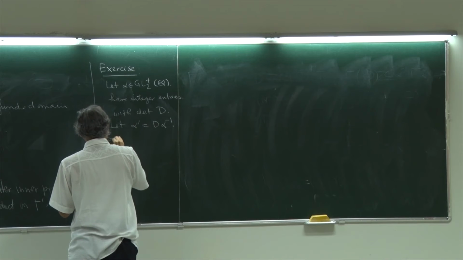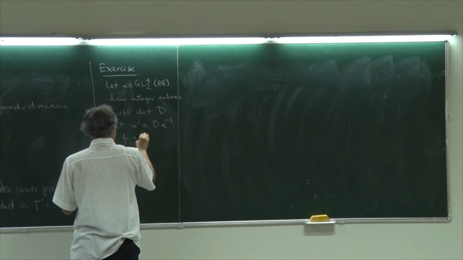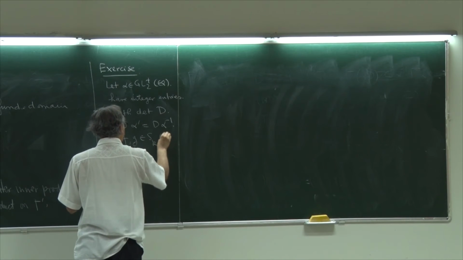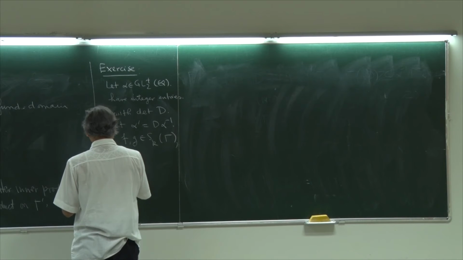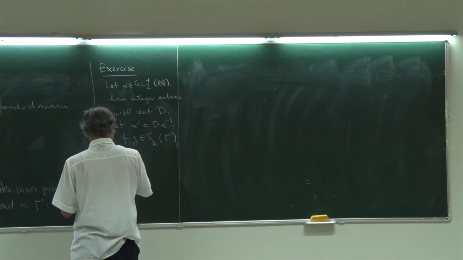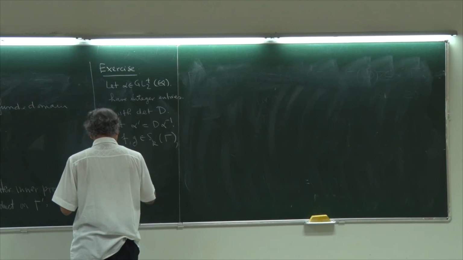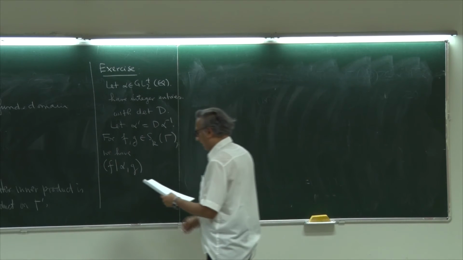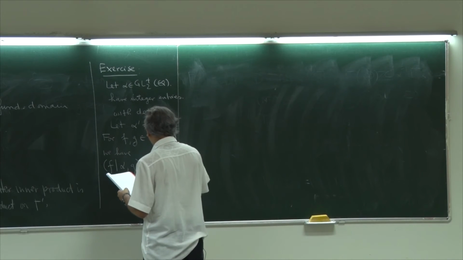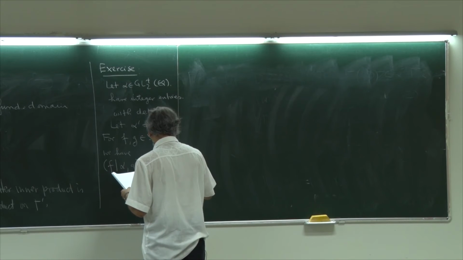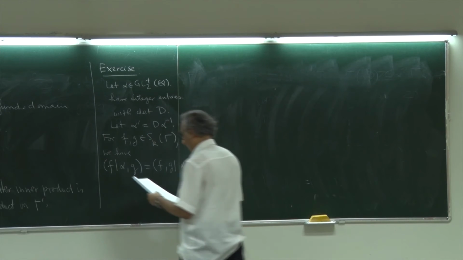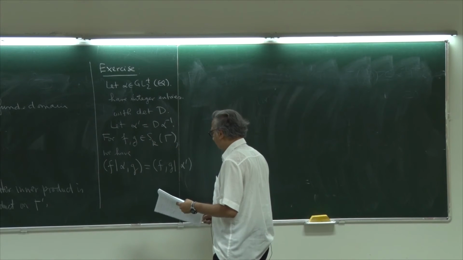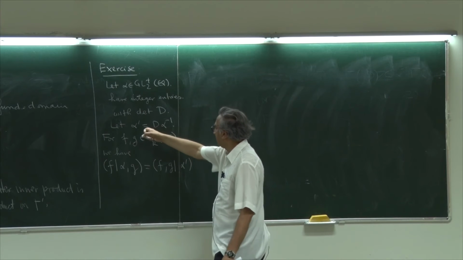For f and g cusp forms in the right spaces, we have that the inner product of f slash alpha and g is equal to the inner product of f and g slash alpha prime, where alpha prime is this element.